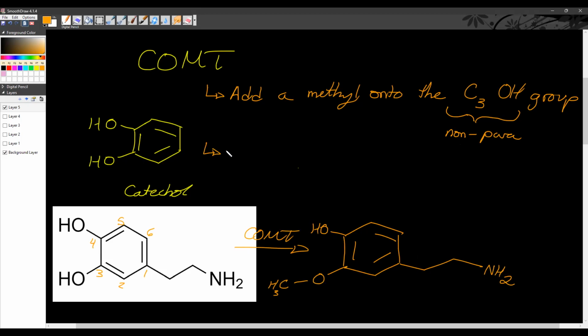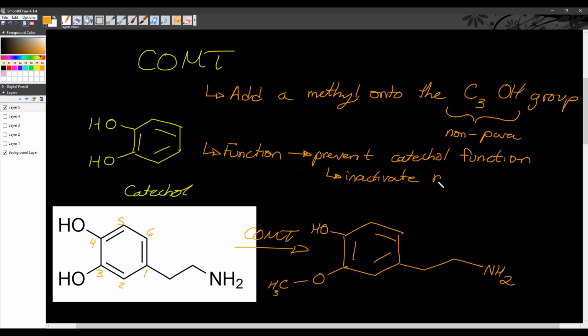The function of COMT is to prevent catechol function, which is basically saying that we're going to inactivate a whole bunch of neurotransmitters.